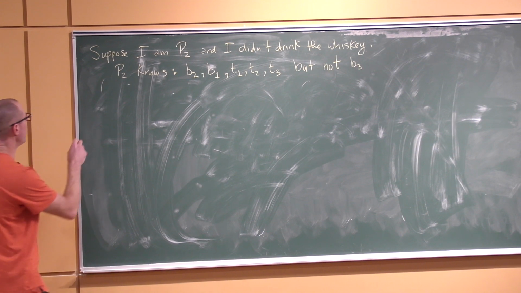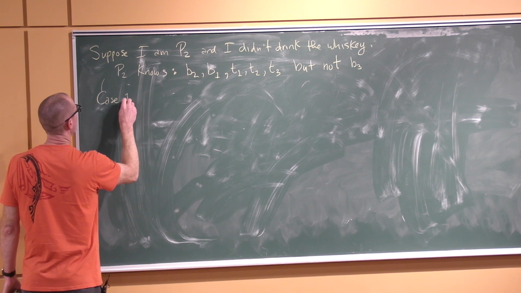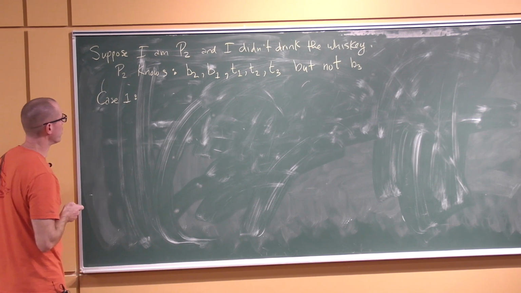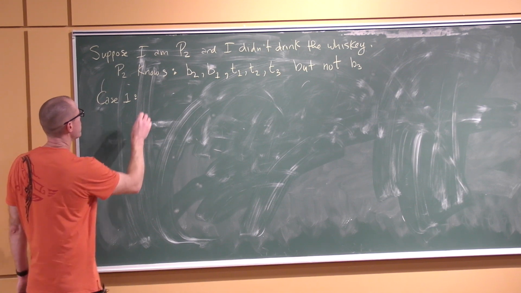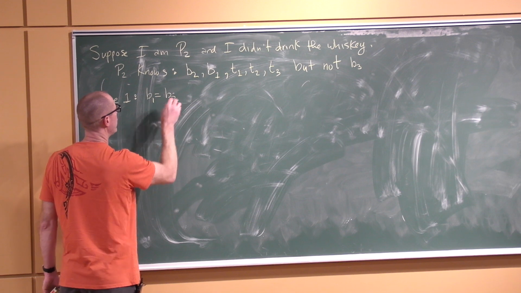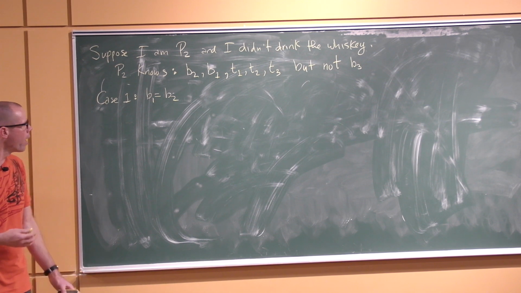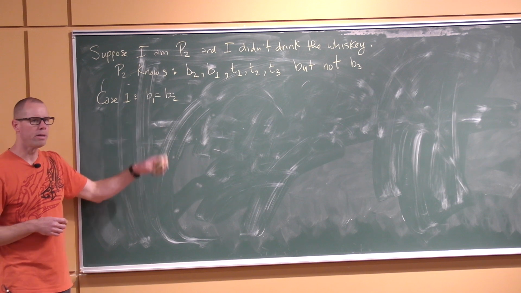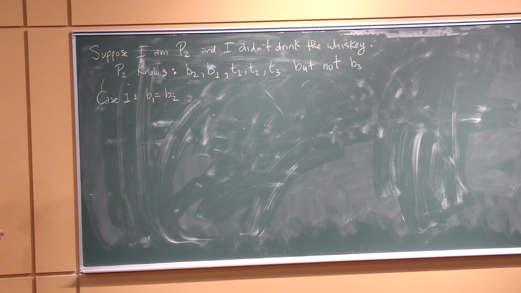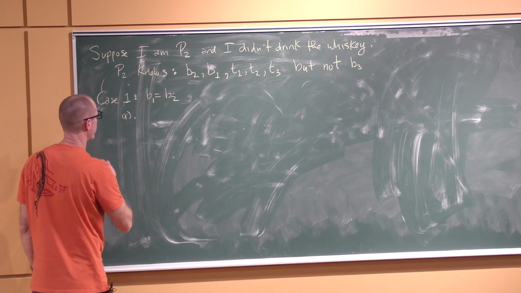So we have to do a little bit of case analysis here. So here's what case 1 looks like. And this is the case where B1 equals B2. So maybe P1 and P2 both picked 0, or they both picked 1. It doesn't matter. What matters is whether or not they're equal. And that gets further split into two cases.